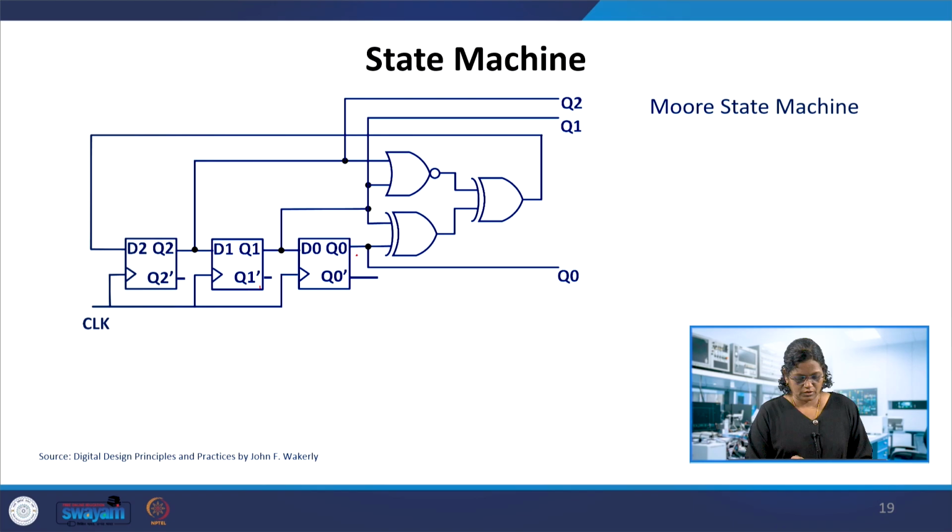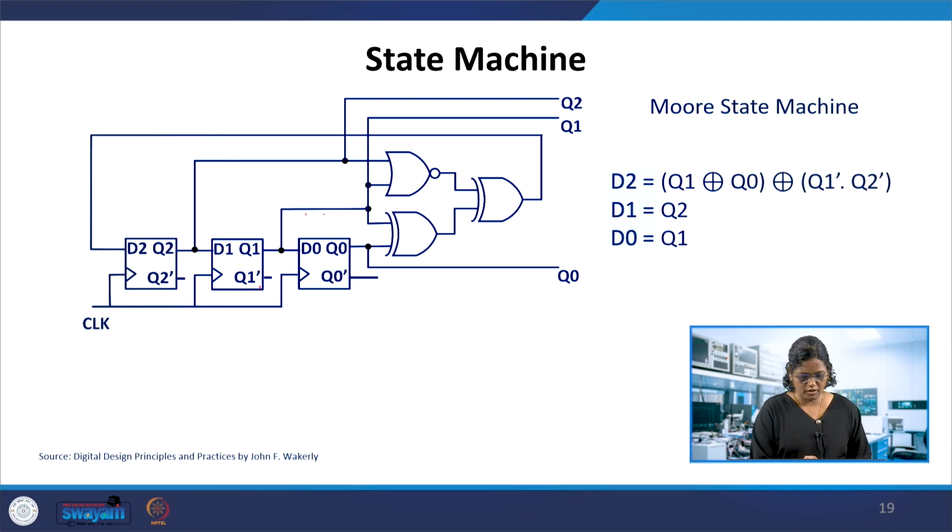The Q0, Q1, Q2 outputs form a state value 0 0 0, 0 0 1 and so on, 8 combinations you would get, and the equations corresponding to them can be obtained. Here is D2, where you see Q1 XOR Q0, and this is Q1 XOR this function, and then XOR of the other one, that is here Q1 and here Q2, OR them and NOR.